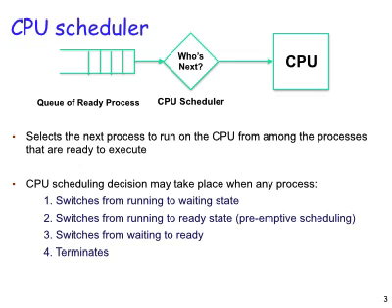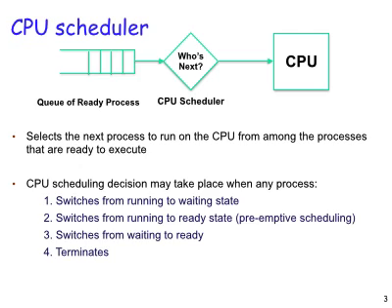A scheduling decision happens at several points during a process lifecycle. When a process switches from running to waiting state, the process voluntarily gives up the CPU, and the CPU scheduler's logic would be invoked to pick the next process to execute on the CPU. Secondly, if a process switches from running to ready state, then it means that the process was preempted, and the CPU scheduling logic must again pick another process to execute on the CPU.